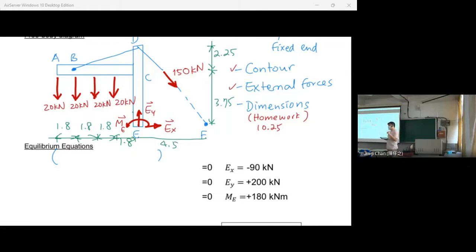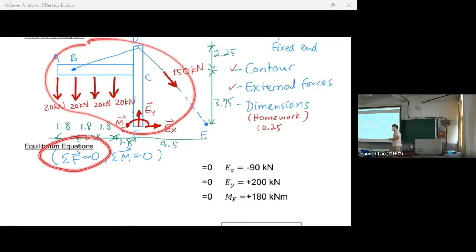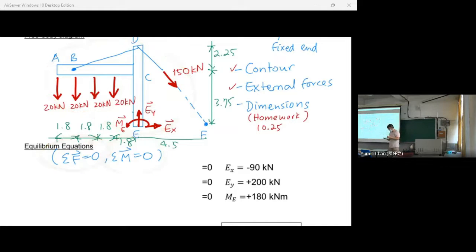If we write it in equations, summation F equal to 0 and what else? Summation M equal to 0. Remember, on top of summation F equal to 0, we have summation M equal to 0 because this means that we have no rotation.